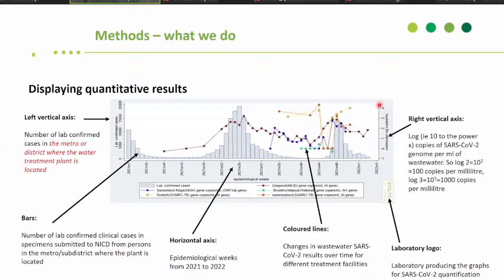So this is not the absolute numbers, but copies per mL in logs. In the different colors here, we have the different wastewater treatment plants. So this color is different from this color, indicating 2 different wastewater treatment plants. But the entire graph will be showing the results of a sub-district or a district in a certain geographical area.